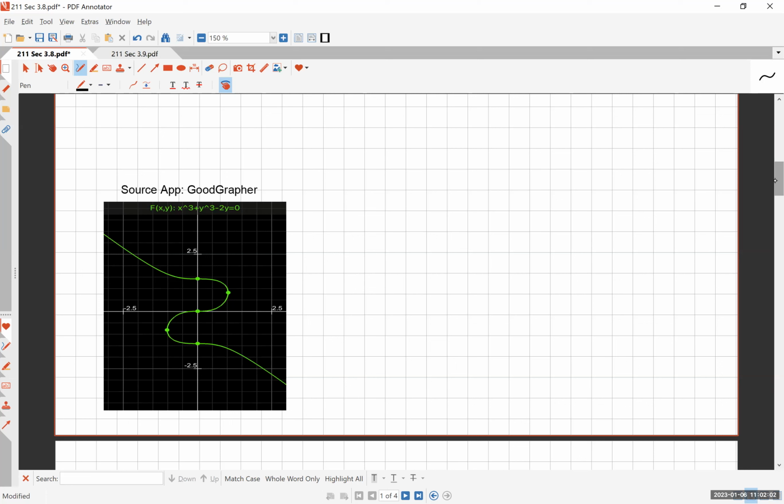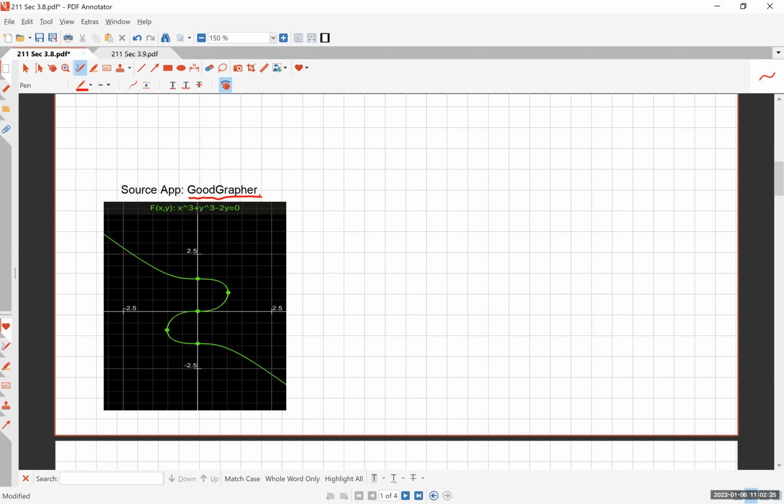But the one I found most useful is called Good Grapher. So you can go to your app store or wherever you get your apps from and look for Good Grapher or any kind of graphing calculator. That's something that you should have. In fact, you should maybe have multiple calculators on your phone.